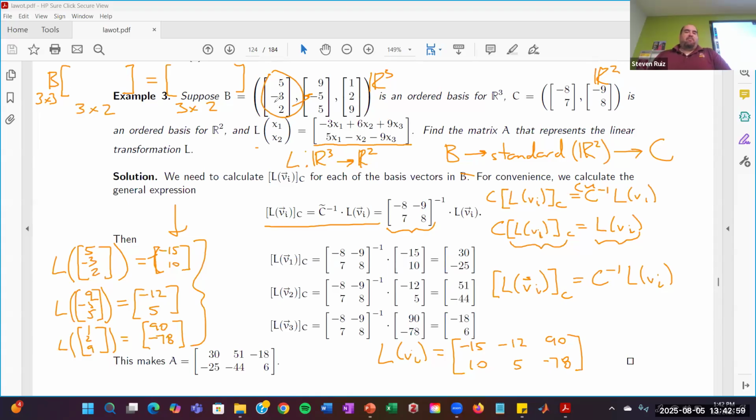So I'm not writing out B, but B is this 3 by 3 matrix that has all the basis vectors of B in it. What goes in this 3 by 2 here? Like the corresponding L value. Right. And so, am I wrong in the orders again?